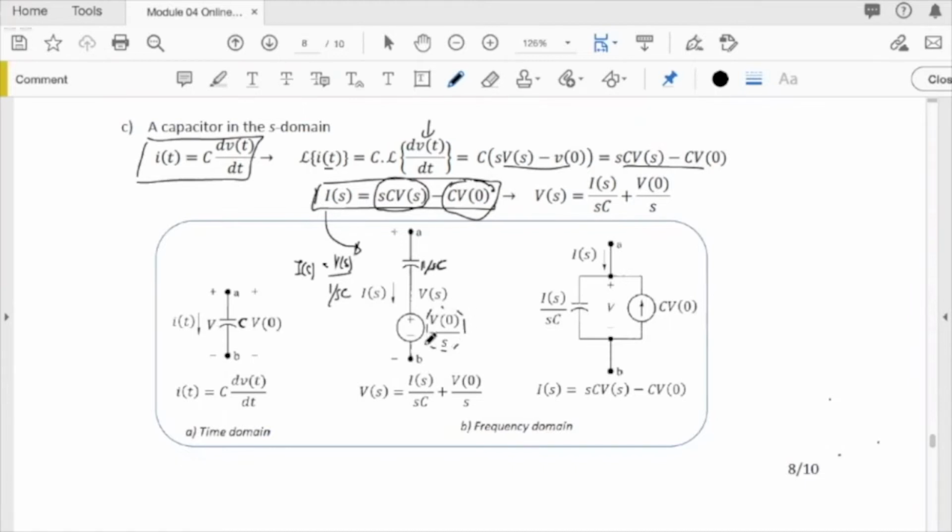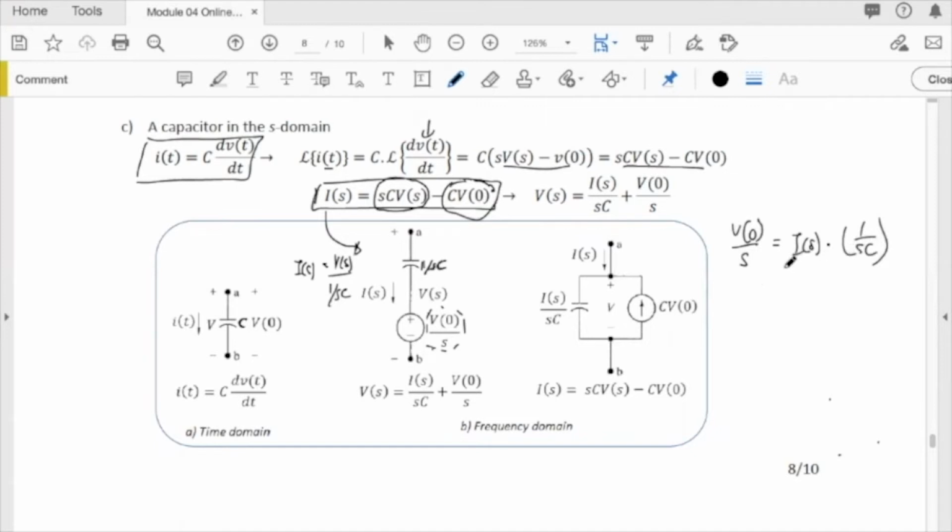We can say that if we have V0 divided by S, based on Ohm's law, that will be equal to the current, which is I(S), multiplied by our load, which in this case is our capacitor, 1 over SC. You can view the capacitor as a resistance, so this will give you an equation of Ohm's law.